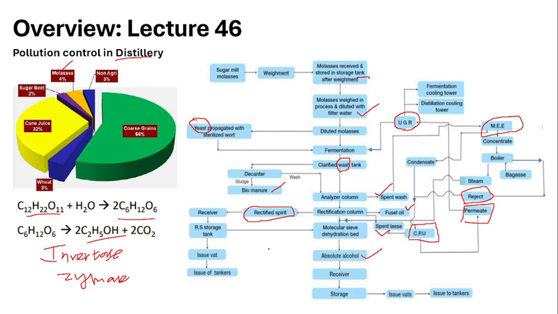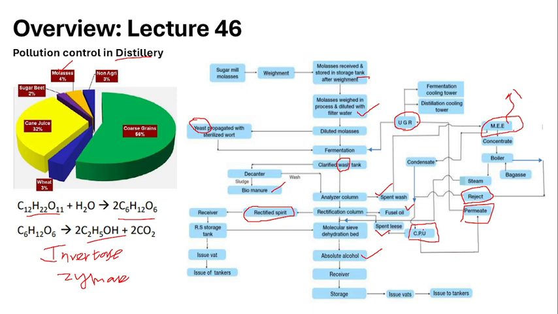Here, if you see, what could be the waste product streams? As I said, the spent wash and spent lees are the major waste streams. Apart from that, there are some air pollutants, mainly from the evaporators, and steam leakages and steam venting can cause noise pollution also.